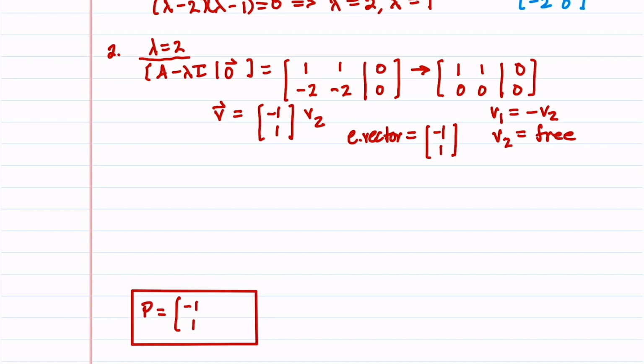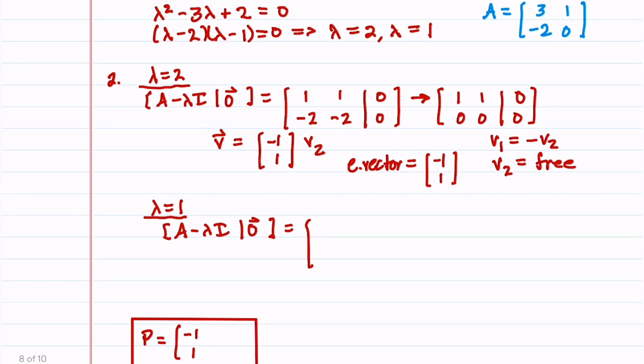We then do the same thing for lambda is equal to 1. Our A minus lambda I augmented with 0. We're going to subtract 1 off the main diagonal. There's our A, so 3 minus 1 is 2, 1 minus 2, and then 0 minus 1 is minus 1.